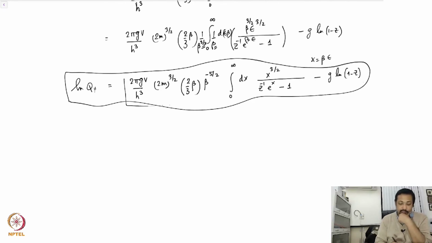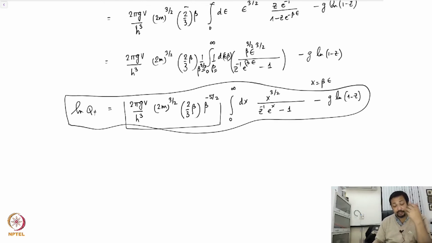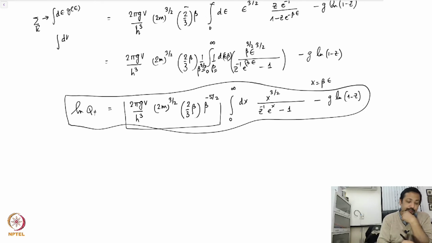Well, now this is the part which looks extremely complicated. Let's see, can we see whether this gives us something interesting? Because the whole derivation of this, the canonical partition function, essentially started from the fact that I can convert this integral into d epsilon g(epsilon). And when we did the fermionic system, we did it in a slightly different way. We essentially wrote this in terms of dk itself times some function.